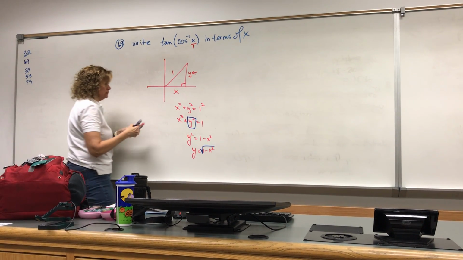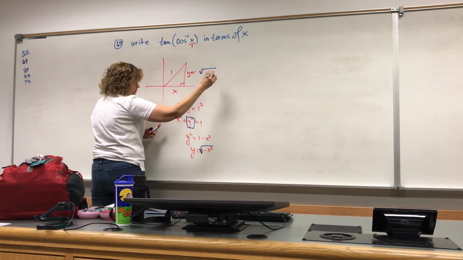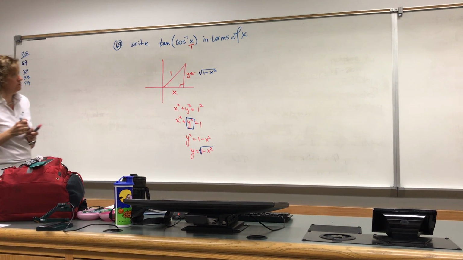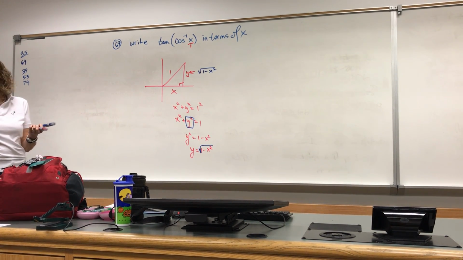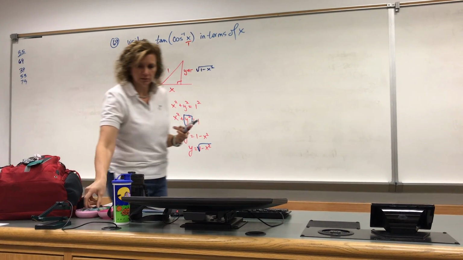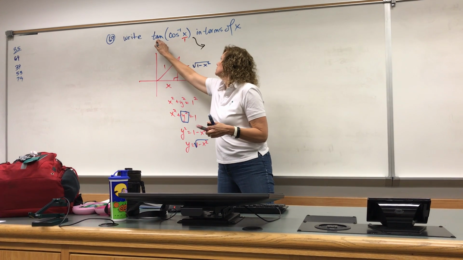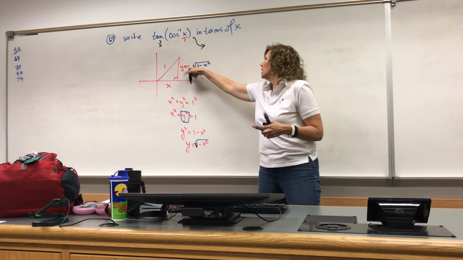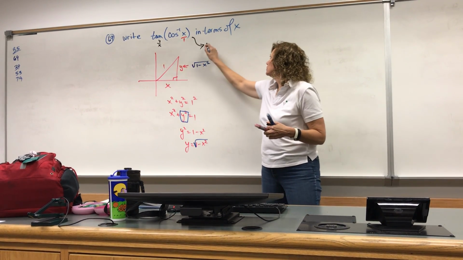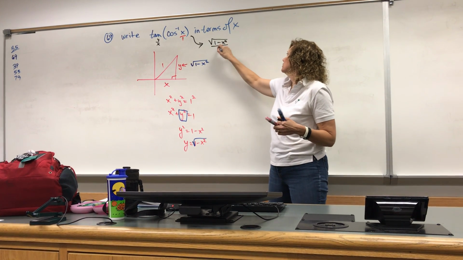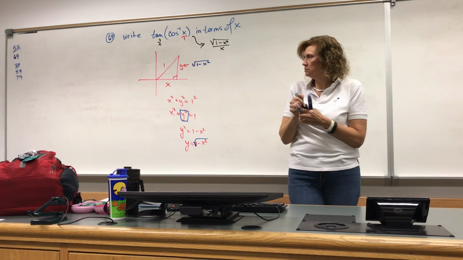So y is the square root of 1 minus x squared. And then tangent is y over x, so it's just that radical over x. Tangent is the y portion over the x portion, so we get the square root of 1 minus x squared over x.